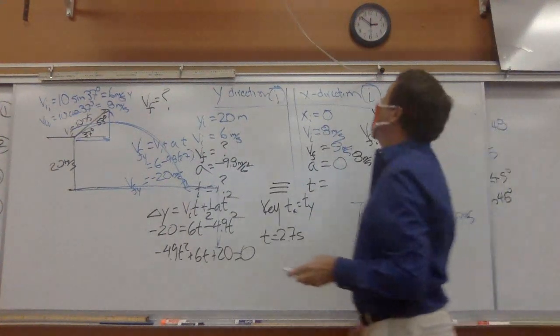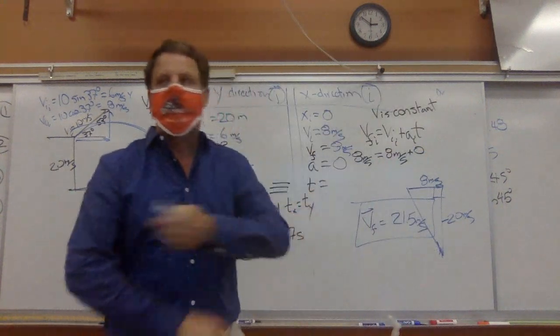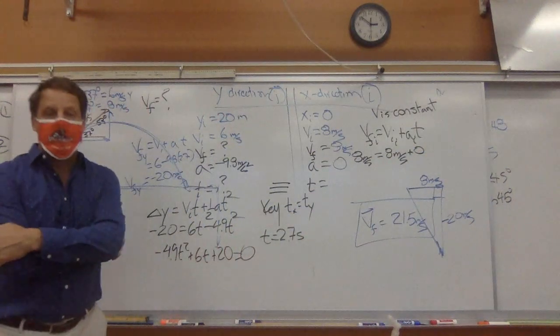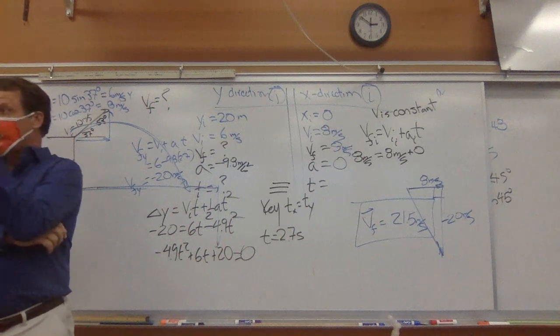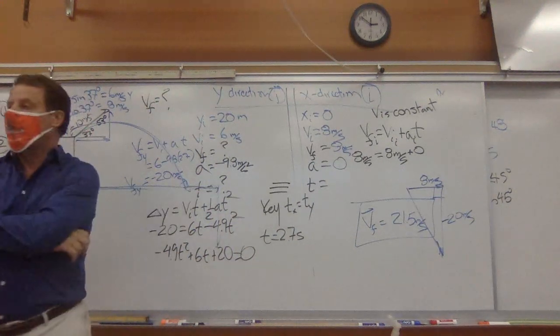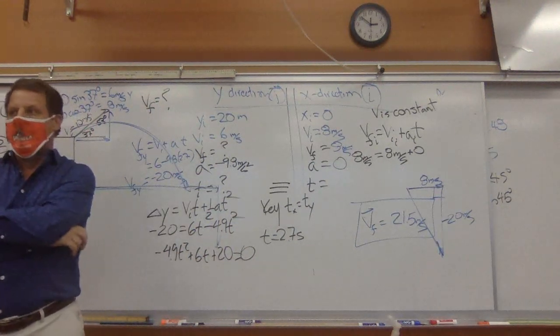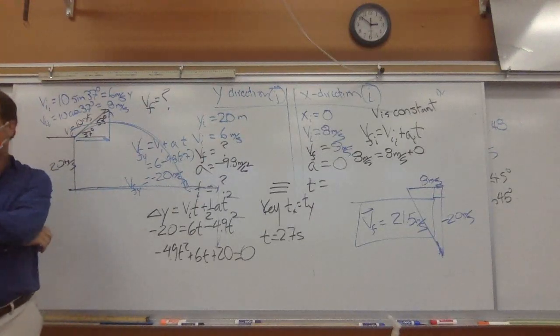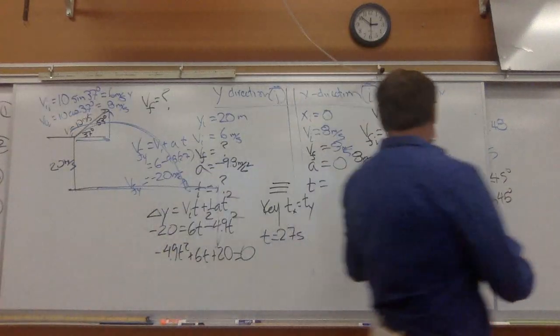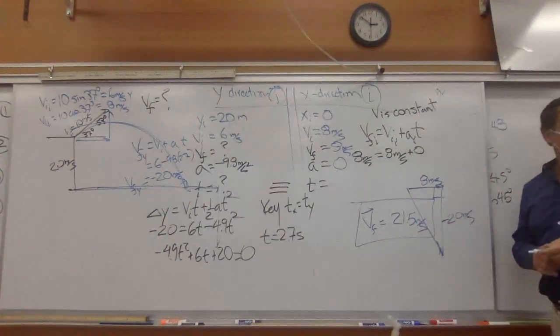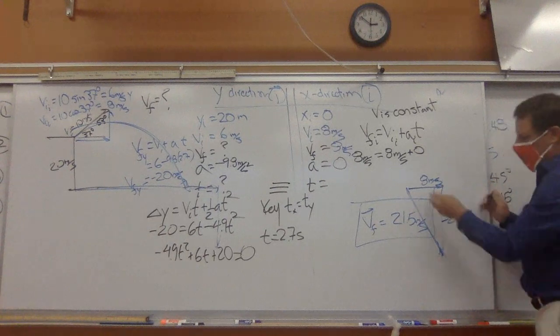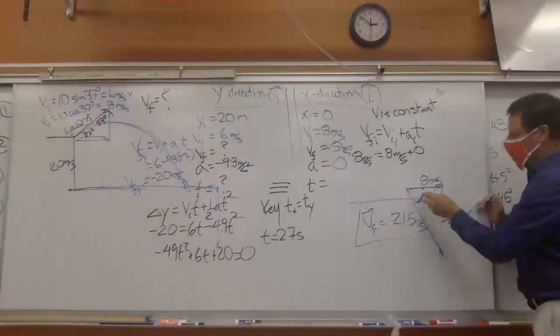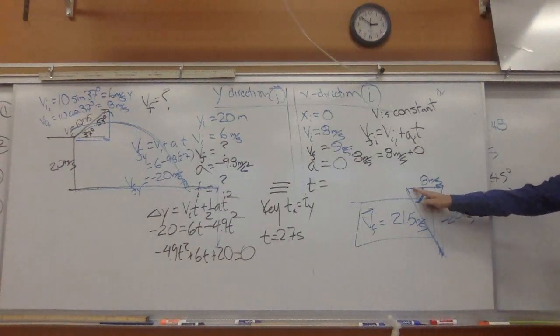But remember, that is a vector, and a vector has magnitude, and our magnitude is 21.5. What direction is that? Now, as we've already pointed out here, we know it's coming down here. So how would we get this angle?